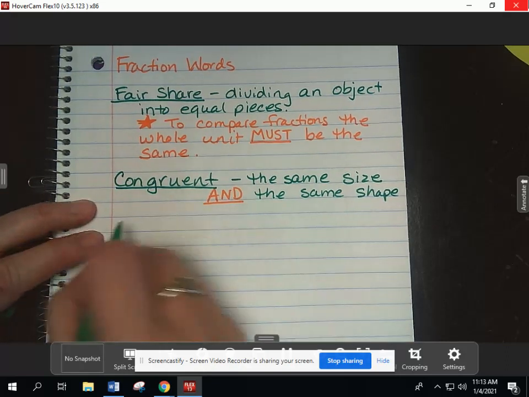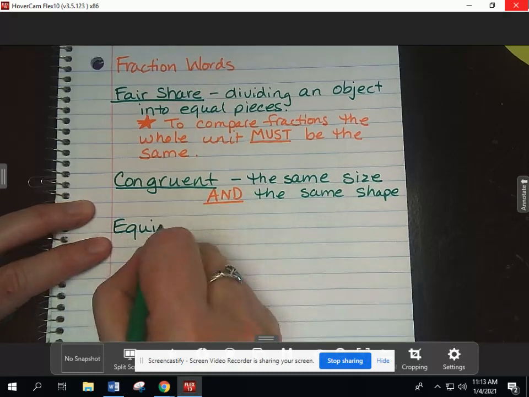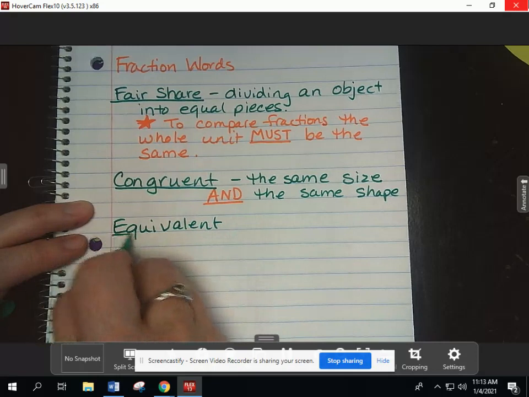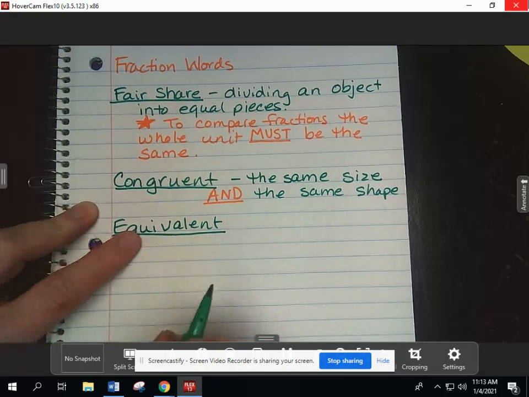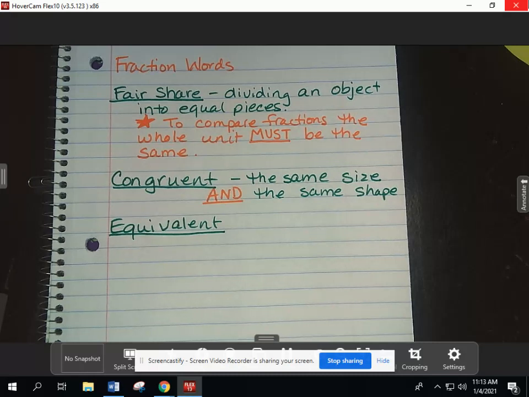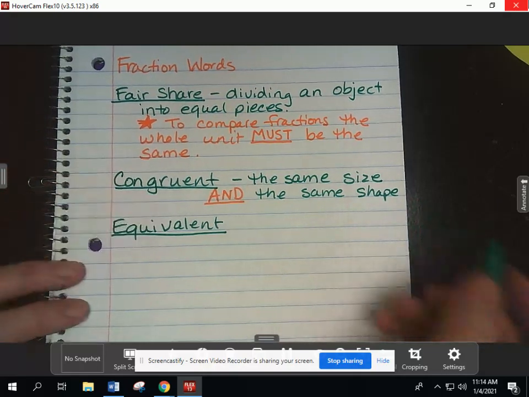And then we have another word. That's a fraction word we talk about a lot. Equivalent. We see the word equal inside of there. So this one is a little confusing because like congruent, we sometimes get those mixed up.